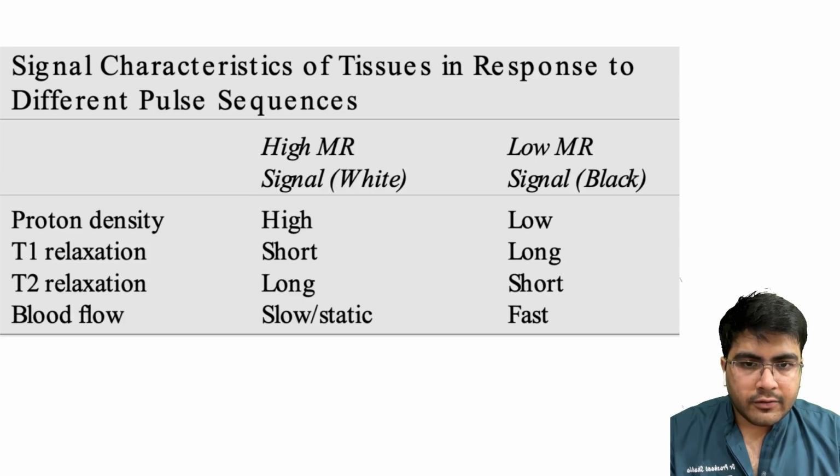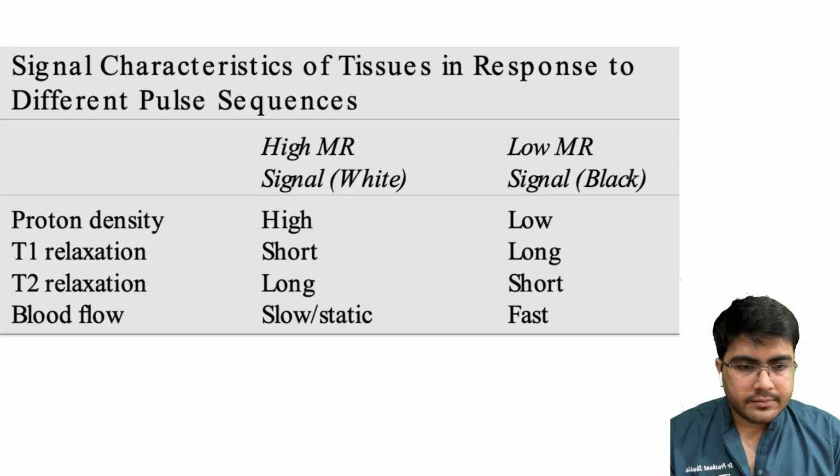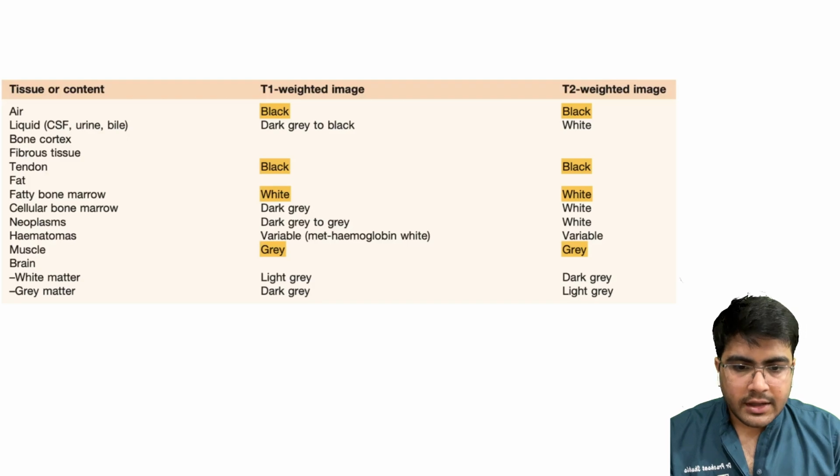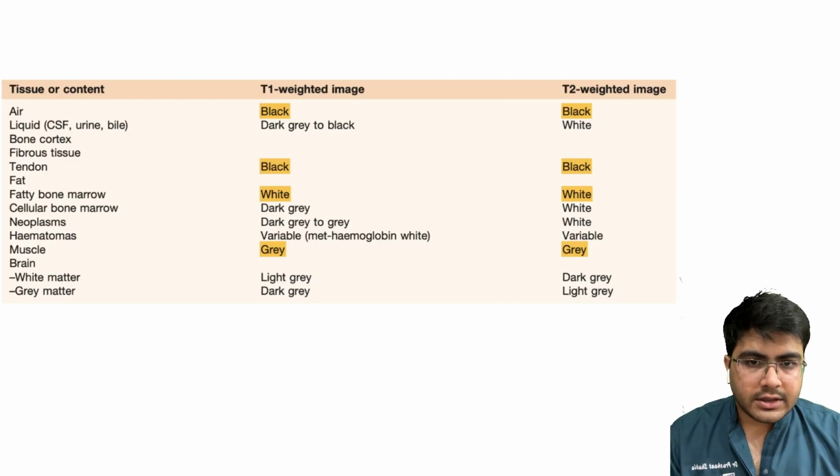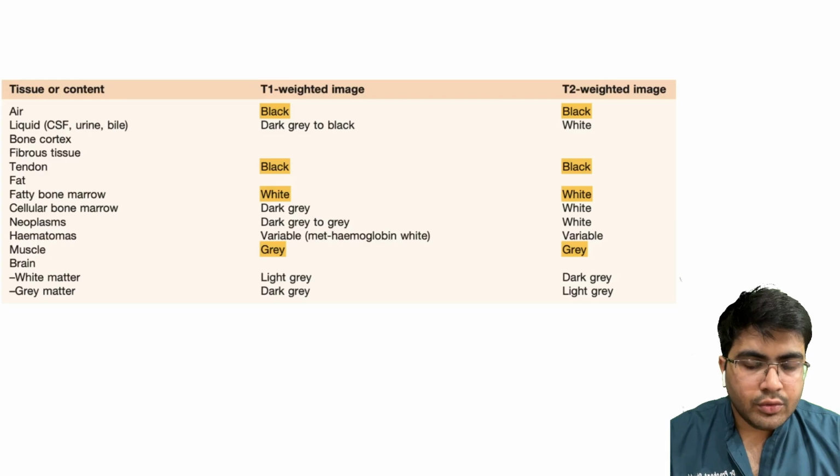Now coming to the blood flow, if the blood flow is static or slow, it will produce high MR signal or white images, and if it is very fast, it will produce low MR signal or black images. Here we have marked a few structures in which you don't need to go into whether it's a T1 or T2 image.